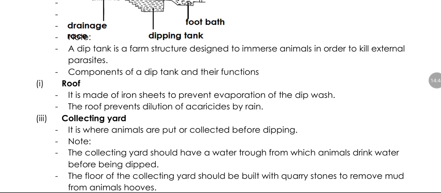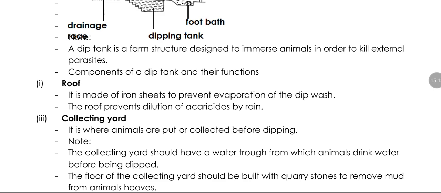It is where animals are put or collected before dipping. So we first gather them so that we do not leave out cattle that we have not dipped. Remember, these are ectoparasites. If one is left that we have not disinfected and whose parasites we have not killed, they can multiply and reinfest that pasture. So all of them have to be dipped.